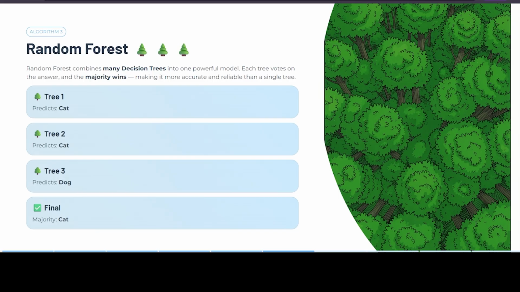So the majority wins here, and the final majority answer is cat, right? This voting process makes the random forest more accurate and more reliable. That's why it is commonly used nowadays in banking, medical diagnosis, and fraud detection.